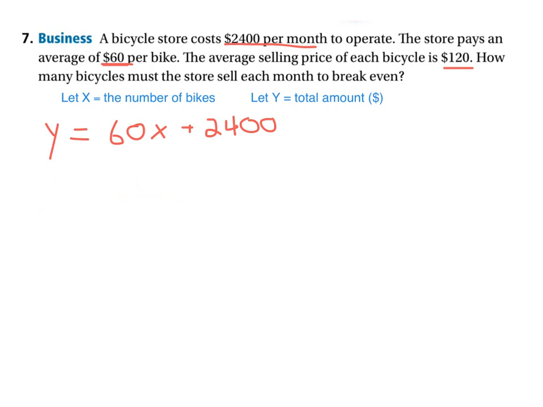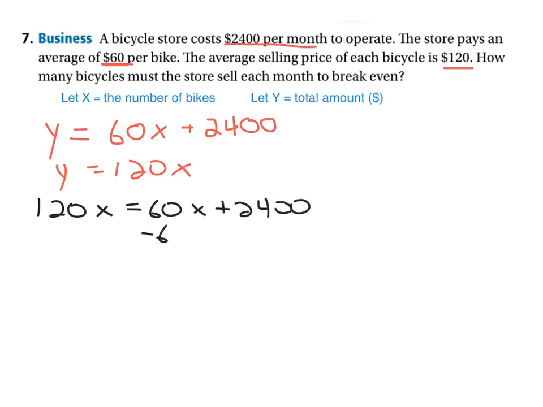Y equals 120x. And let's just solve it. I don't need to rewrite the other equation like this. They're both equal to y, so I'm going to write them equal to each other. 120x equals 60x plus 2,400.